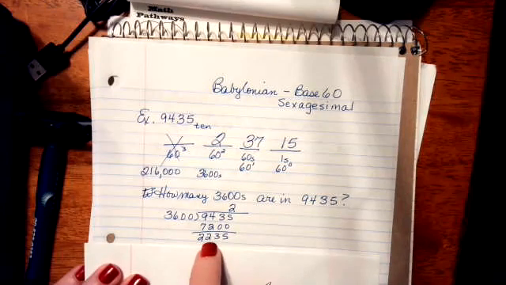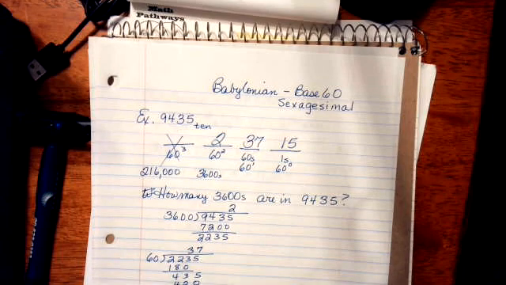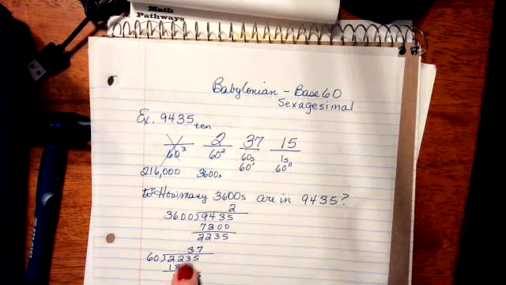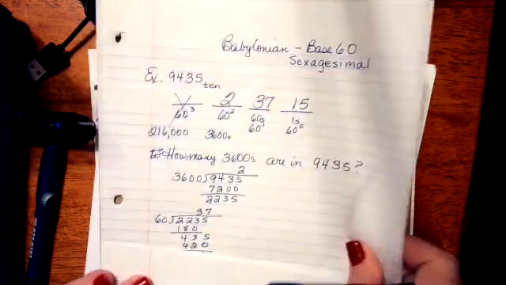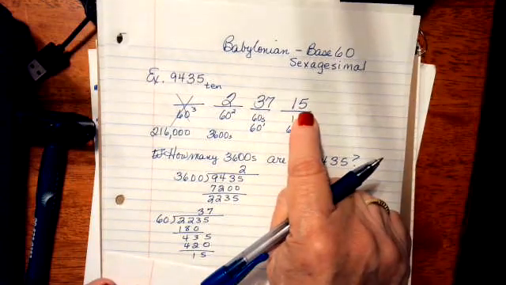Because now my next question is, taking that remainder, how many 60s are in that remainder? Because that's going to give me the digit that goes in that next place, 37. 60 divided into 2,235 gives me 37 as the quotient, and the remainder is 15, which is my 1's digit.